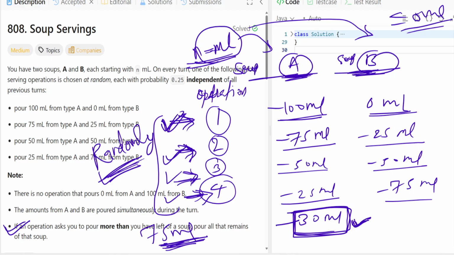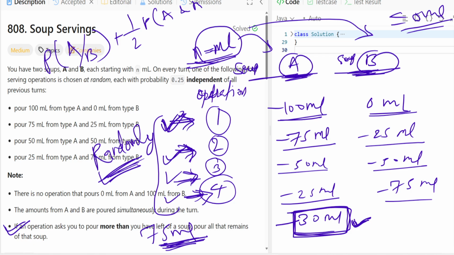What we have to return? We have to return the probability that soup A finishes before B, plus half, 1 by 2, the probability that A and B both finish at the same time.